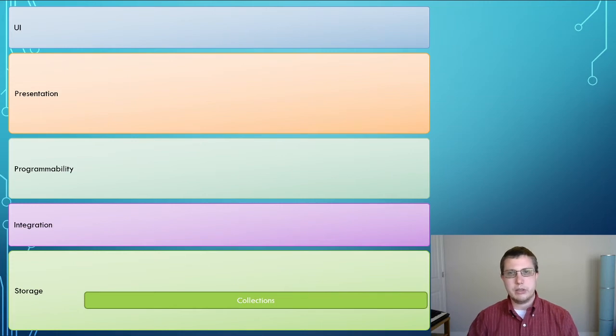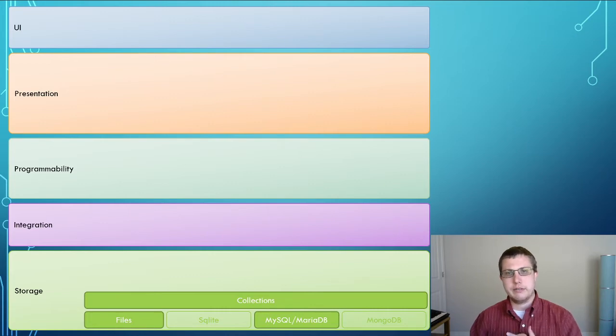You could think of it like a database table, though it's a little more powerful than that. If you're familiar with MongoDB, it's very similar; they actually call them collections in MongoDB too.